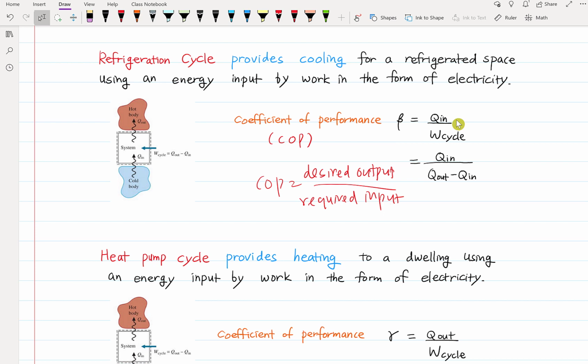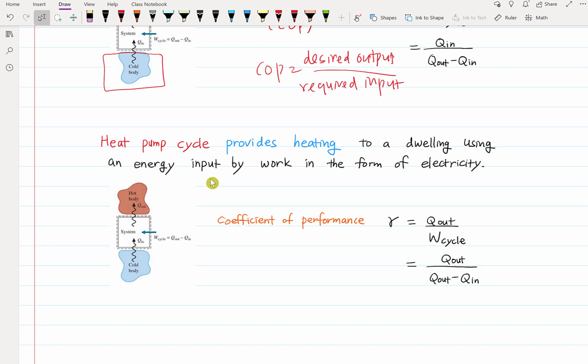A refrigeration cycle is to provide cooling, so we are interested in the cold body. How much heat is removed from the cold body? So the coefficient of performance beta is the desired output Q in over how much work is required to move the heat from low temperature to high temperature. So the required input is W cycle.